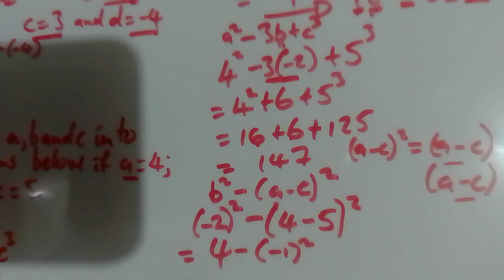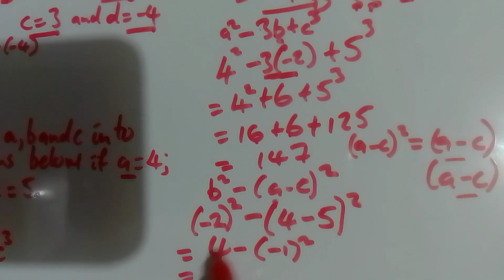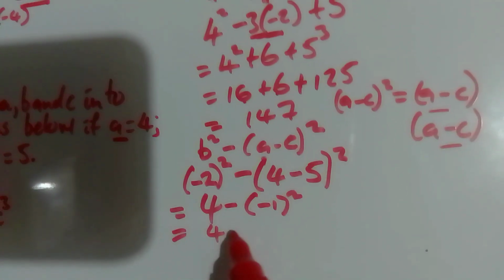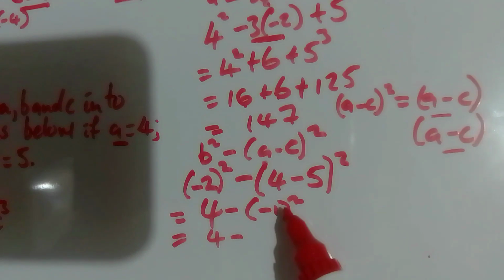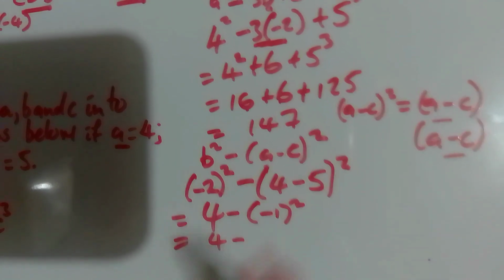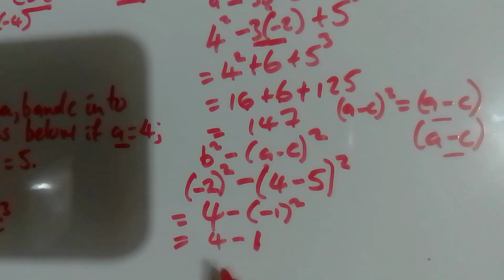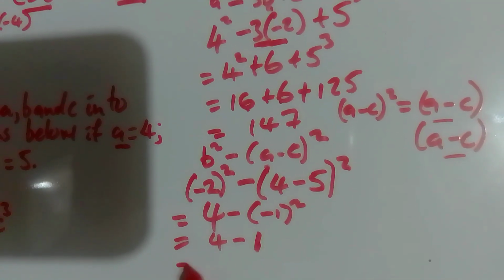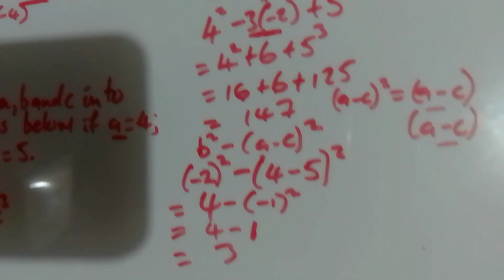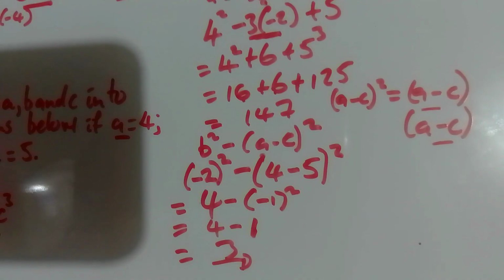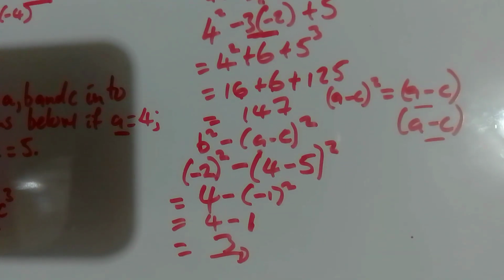So I'm going to repeat writing this 4, and this minus, because I have to deal with the brackets first. (-1) squared inside the brackets, we get a positive 1. Now we say 4 minus 1 is equal to 3. And just like that, you have solved the algebraic expression.